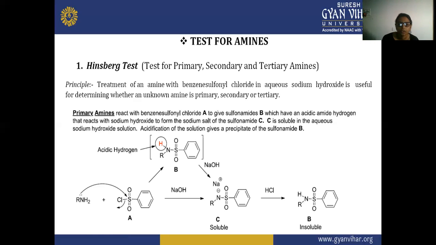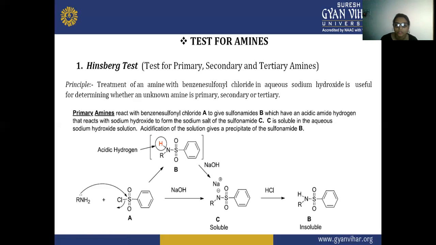This acidic hydrogen is then removed by the reaction with NaOH. The NaOH dissociates into Na positive and OH negative. After that, the H positive will move out from here, and this N will get a negative charge.